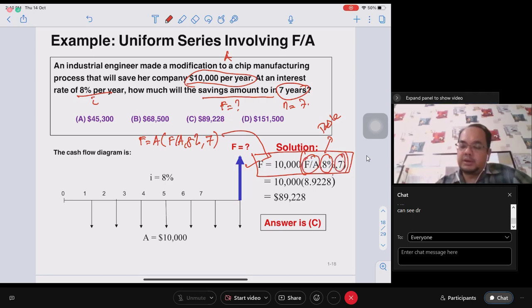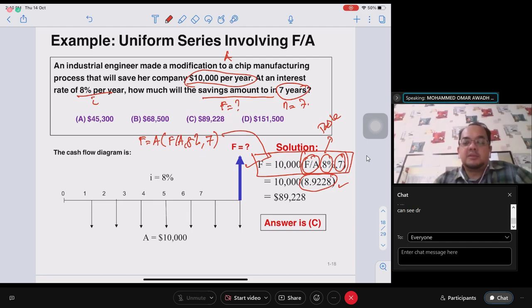Excuse me, doctor. Why is the arrow in the 7th year pointing upward as a cash outflow? Because the amount is savings. How much will the saving amount to in 7 years? So you save the money. Saving the money is inflow or outflow?